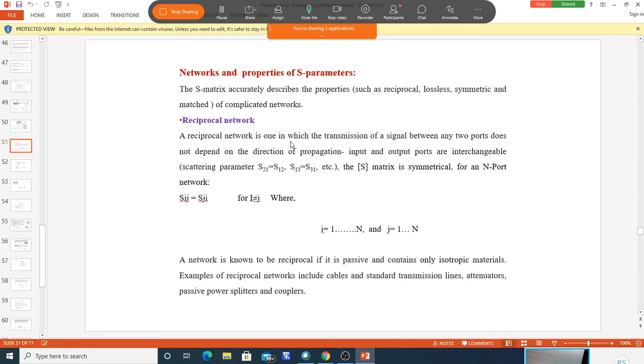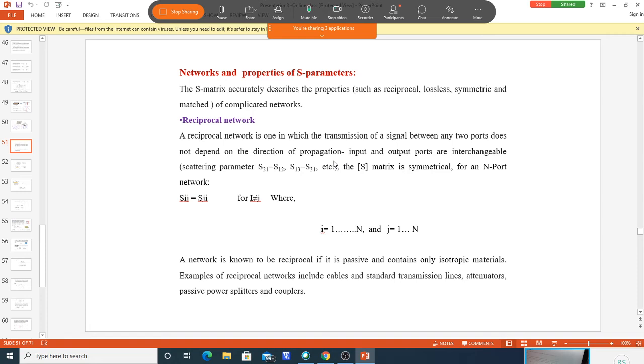See, a reciprocal network is one in which the transmission of a signal between any two ports does not depend on the direction of propagation. That means the properties of that network do not depend upon the direction of propagation. It may be the forward direction, maybe the opposite direction.